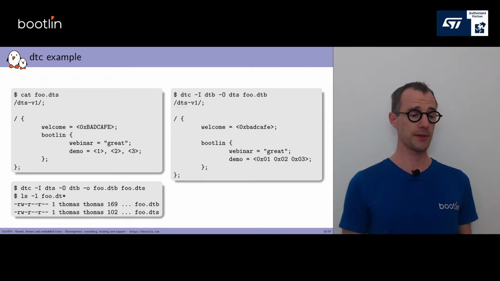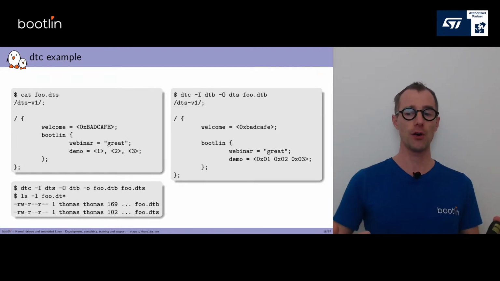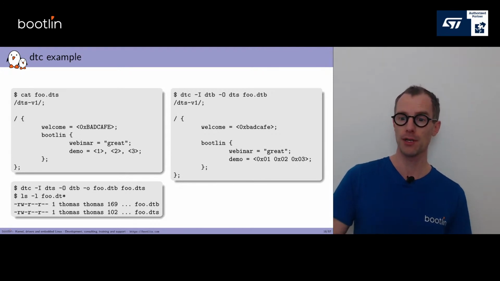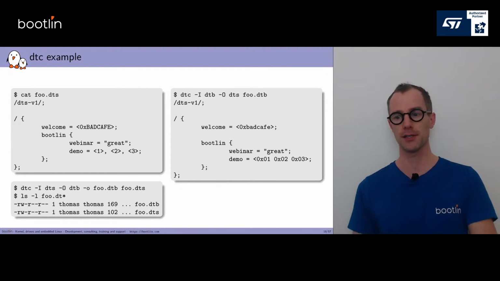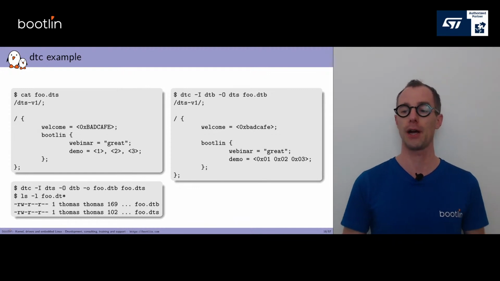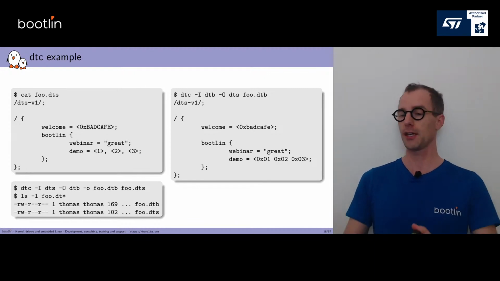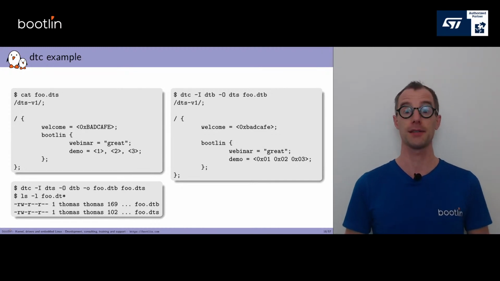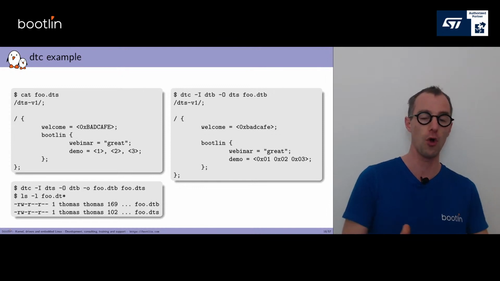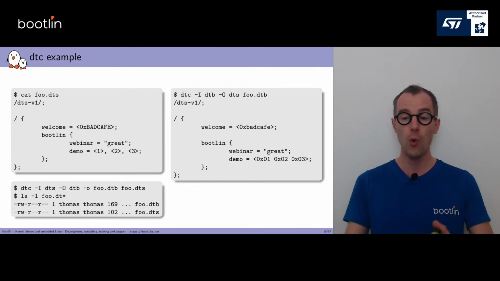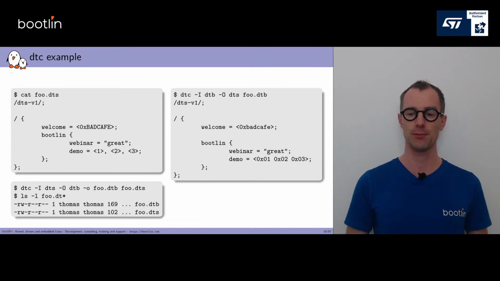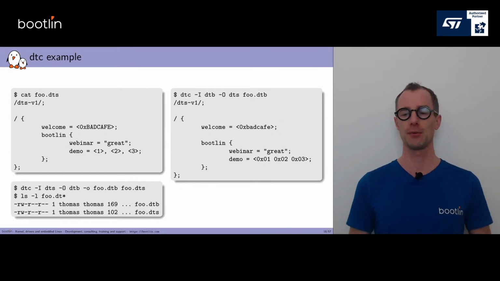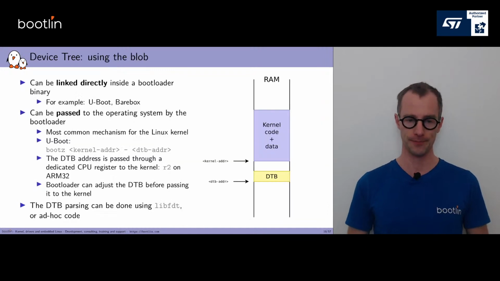Then, once I have this DTB, I can in fact decompile it again with DTC, specifying that my input is a DTB and my output is a DTS. So I'm decompiling foo.dtb and getting back pretty much the same representation as I injected in DTC at the beginning. So almost a two-way conversion process is possible. It's not exactly the same, but for the most part, you can decompile a DTB like is shown here.